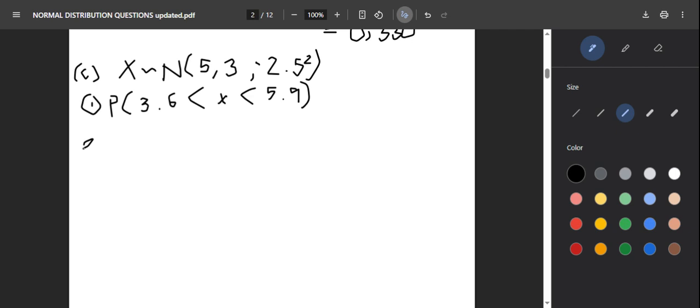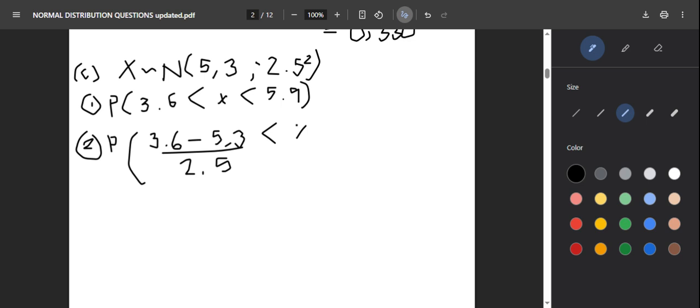Okay, so now we go on and then we say this is the probability of (3.6 minus 5.3) over 2.5 being less than (x minus mu) over sigma, which is less than (5.9 minus 5.3) over 2.5.